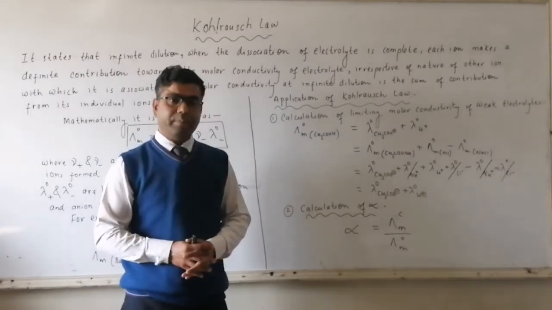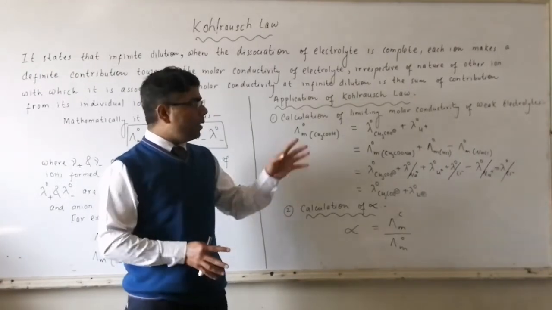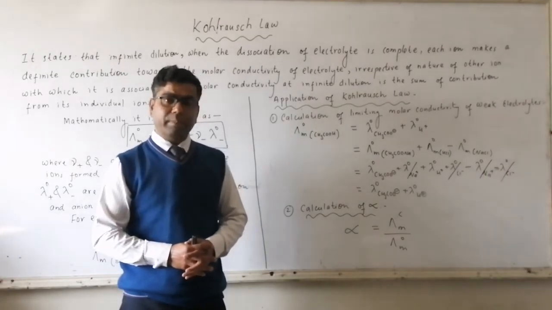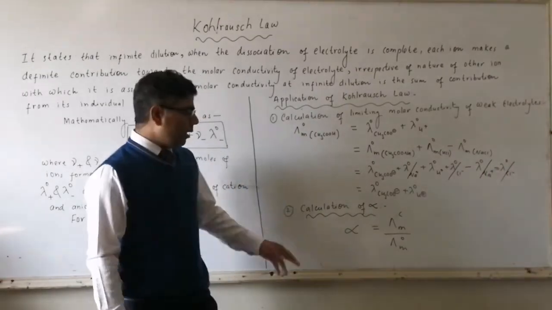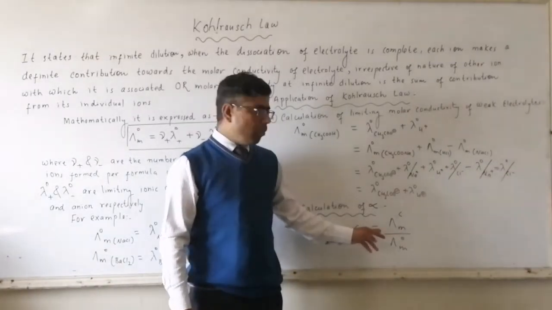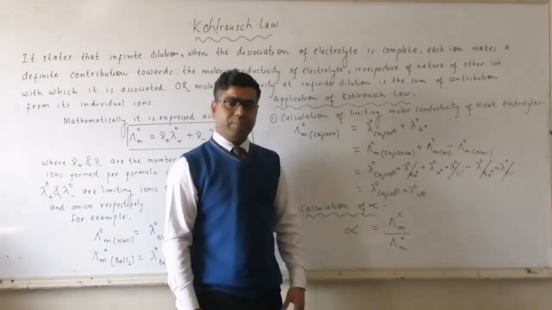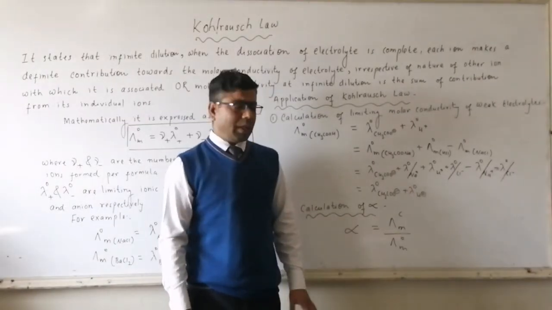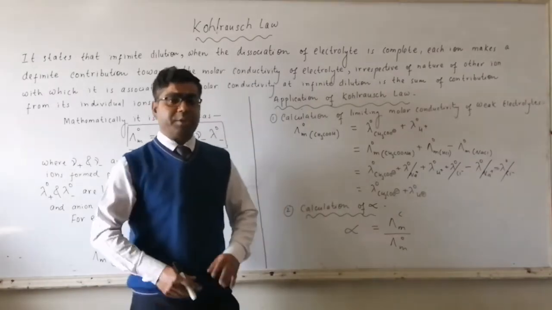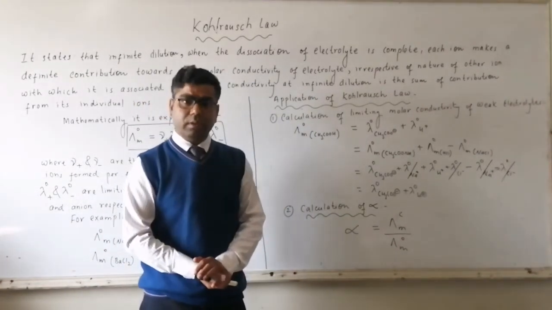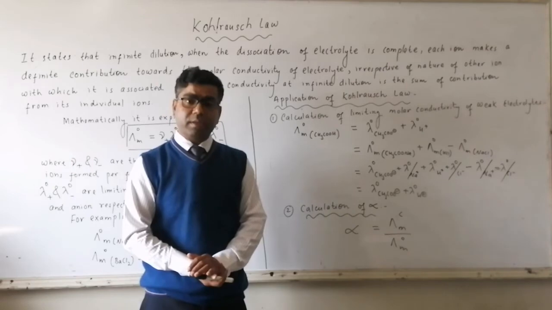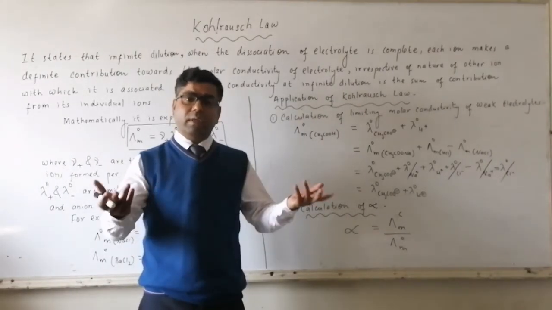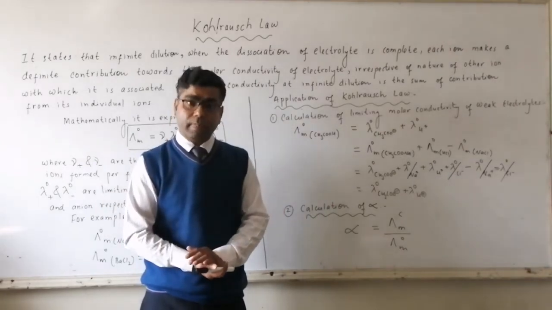Then calculation of alpha. With the help of this law, we can also calculate the value of alpha. Alpha will be equal to molar conductivity at concentration C divided by limiting molar conductivity. Now what is alpha? We know it very well. The fraction of moles which undergoes ionization is called alpha, the degree of dissociation. At infinity, the value of alpha is 1 for weak electrolytes also.